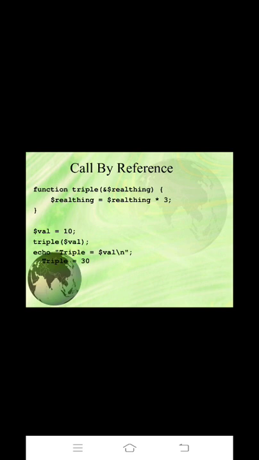So 10 is assigned, the address of 10 is stored in this one. Then 10 is multiplied by 3, equal to 30, triple $value, then you will get the output: triple is equal to 30 only, right?